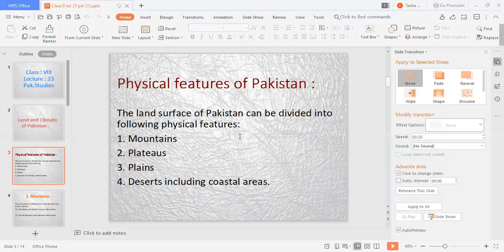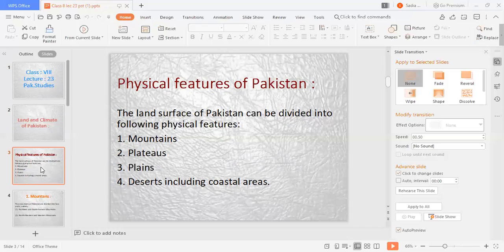Number 1 is mountains, then plateaus, then plains, and then deserts. Is it clear? So these are the 4 most important physical features of Pakistan. Today we are going to discuss the most important one, the mountains.